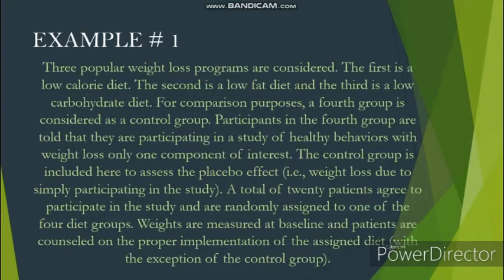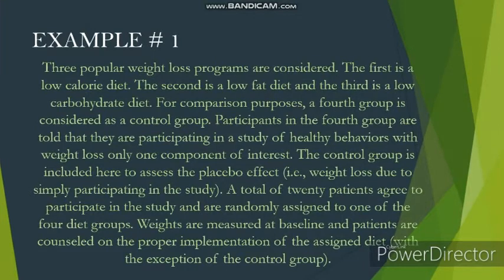A total of 20 patients agree to participate in the study and are randomly assigned to one of the 4 diet groups. Weights are measured at baseline and patients are counseled on the proper implementation of the assigned diet, with the exception of the control group.